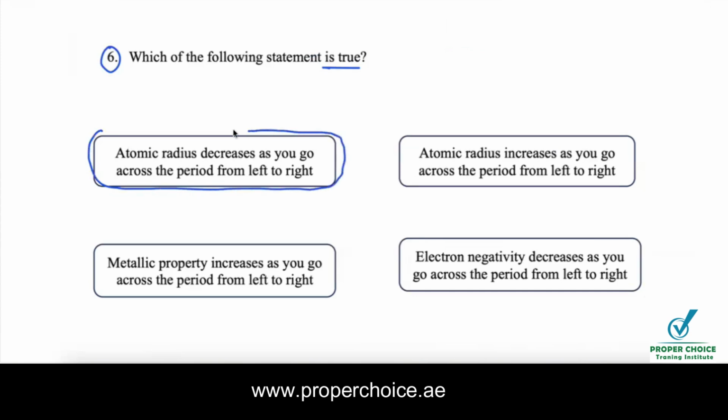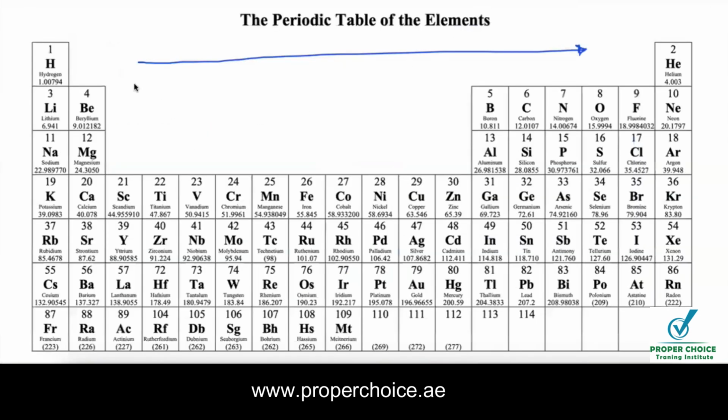Now let's clarify, as we are not doing an exam, we are just learning, why the other options can't be right. Atomic radius increases as you go across the period from left to right. They are saying the opposite, which is a wrong statement. Metallic property increases as you go across the period from left to right. If you look at the periodic table, this side are metals and the right side are non-metals.